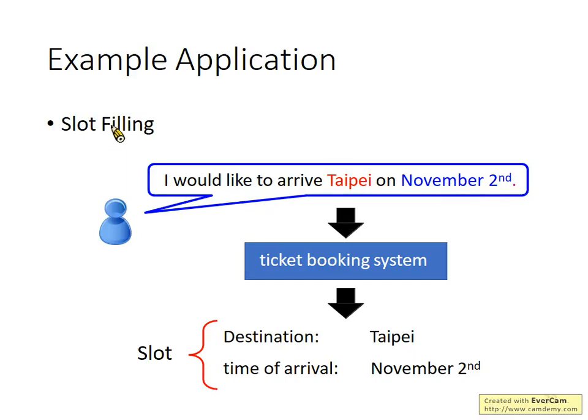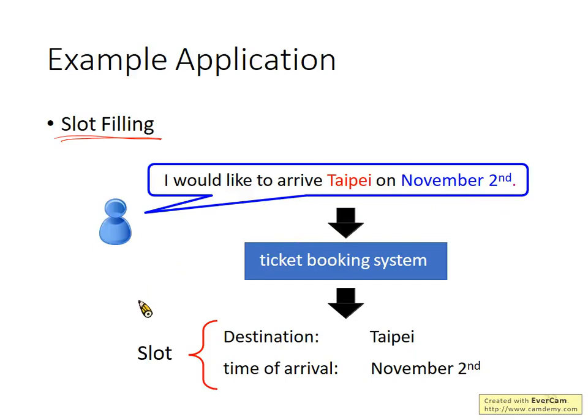This application is called slot filling. Imagine that you have a ticket booking system, and a user calls the system and says, I would like to arrive Taipei on November 2nd.